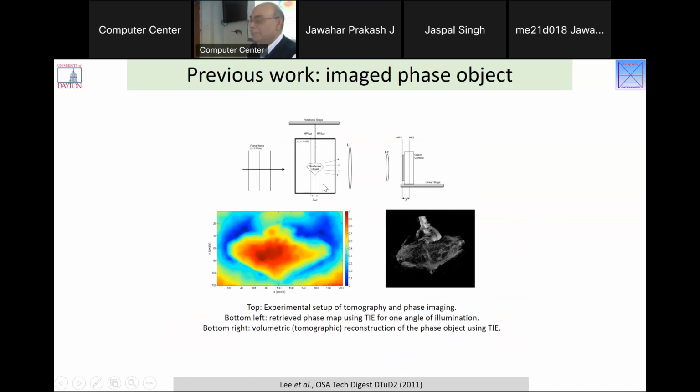Okay, the first experiment on transport of intensity was actually done at MIT, with a phase object. What phase object did MIT choose? A piece of diamond. In my lab, I took a water drop as the phase object because diamonds are expensive.